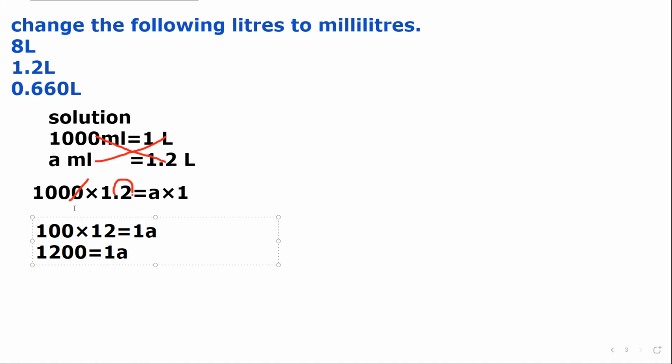Then you divide both sides by the number attached to the letter, which is 1, so that you can cancel them. Therefore, A is equal to 1200 mils. Okay, good.